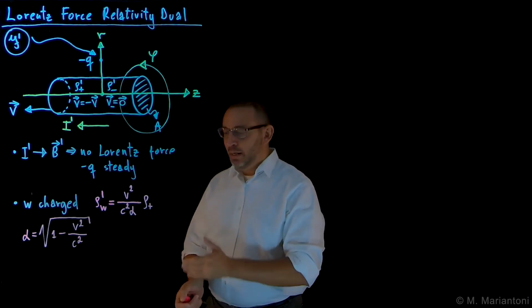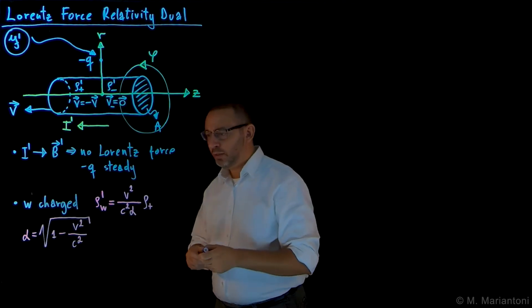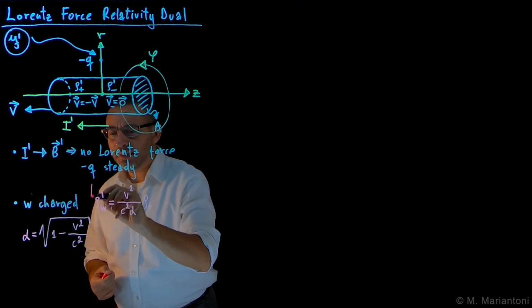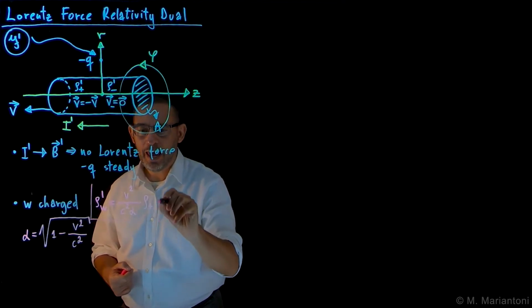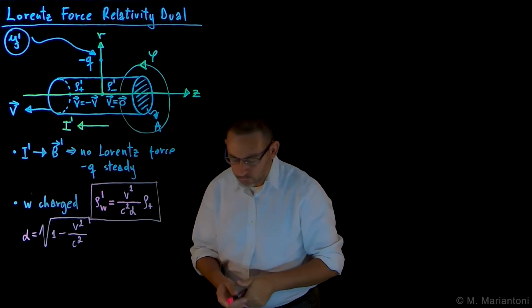So rho w prime is equal to v squared over c squared alpha rho plus. We calculated this in the previous video. This is great. So now the wire is actually charged in F prime with this volume charge density.